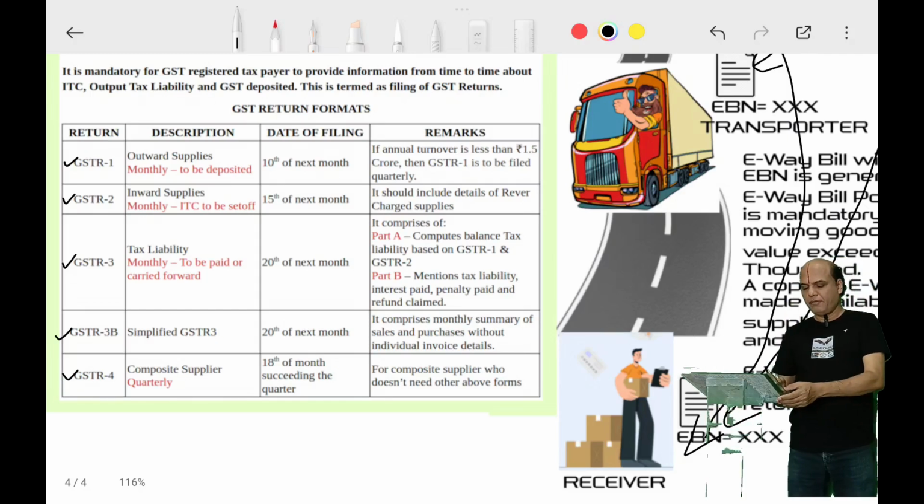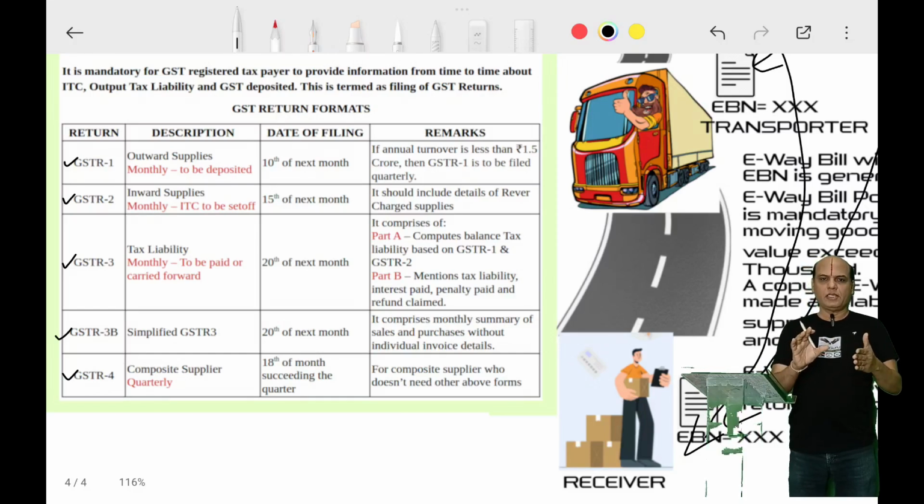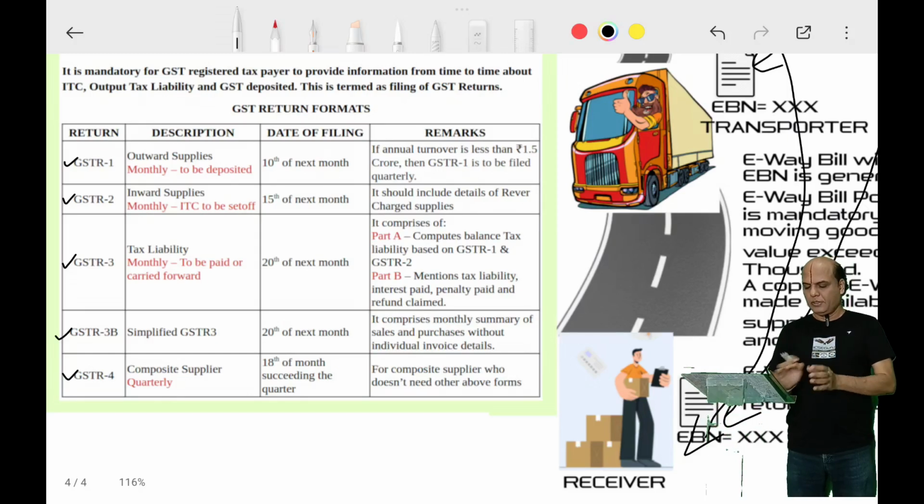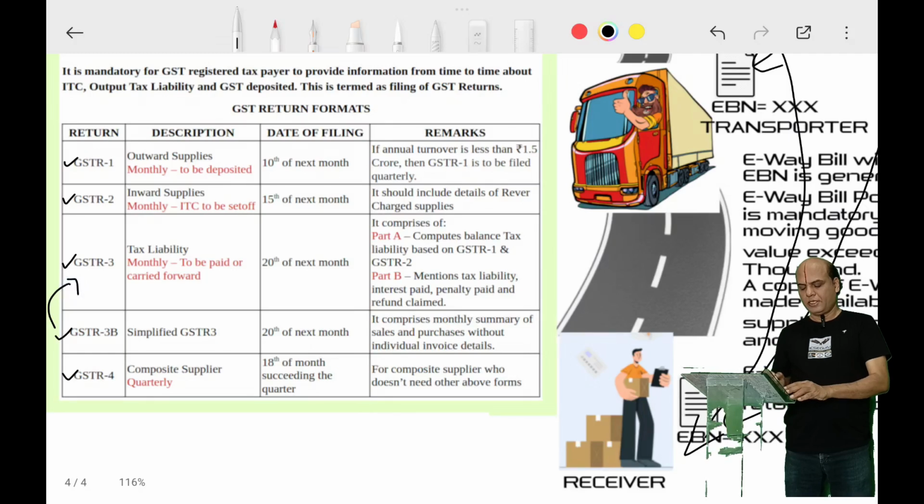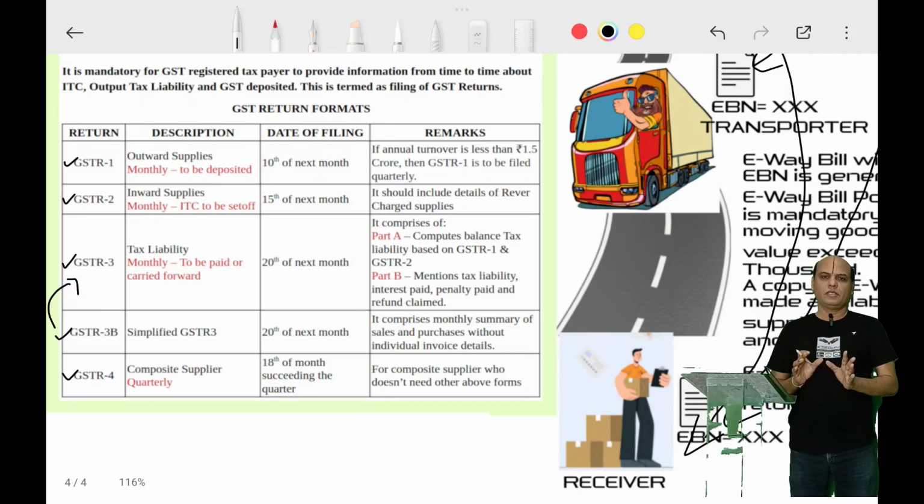So GSTR 3B is a simplified format of GSTR 3. It just comprises the details of monthly sales and monthly receipts without details of invoice numbers. Now GSTR 4 is for composite suppliers.